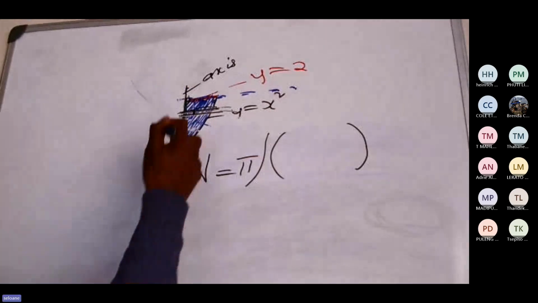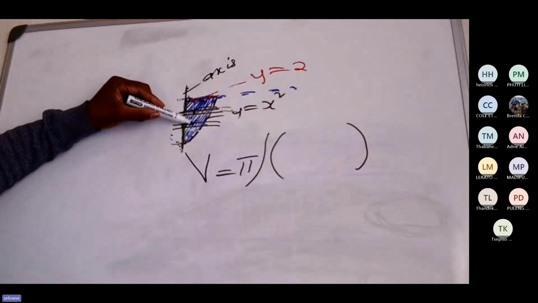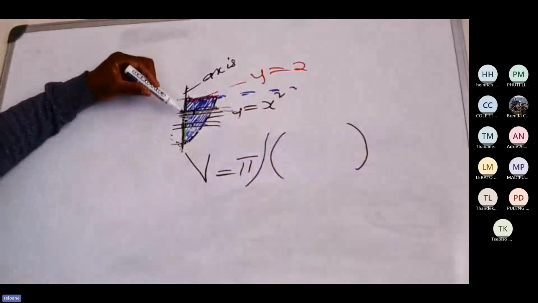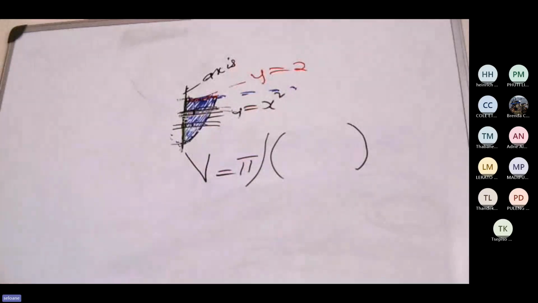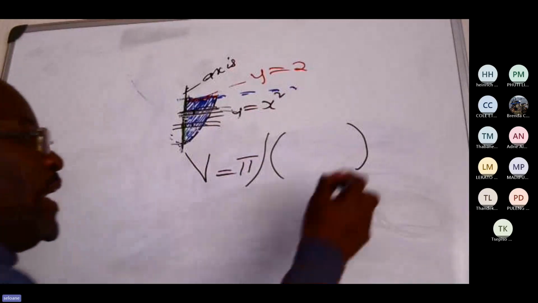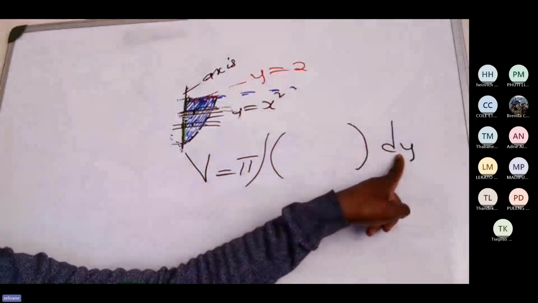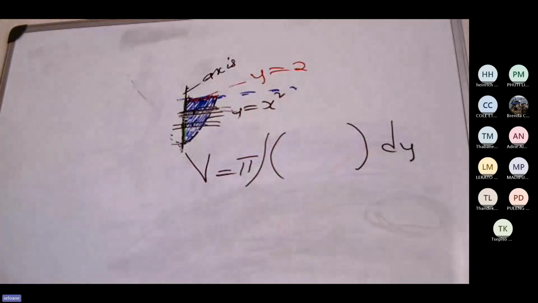If you cut here, what will be its thickness? You will have to measure this from here to here, vertically like this. It will be y here minus y here. In other words, it will just be the difference between the values of y. So you write dy, meaning dy is the thickness of your disk. Hopefully that makes sense.